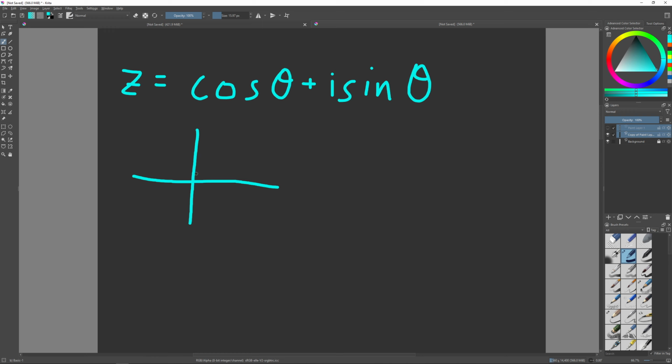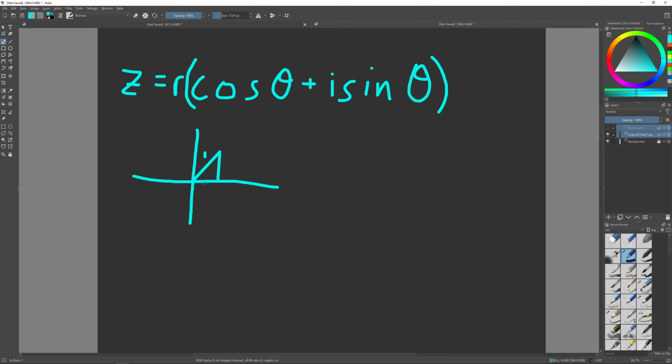So this is just a geometric way of looking at a complex number. So let's say there's z, and actually we need an r times here. We actually need some kind of number, it's the modulus right here times this stuff. But if the modulus were 1, then there's no r.